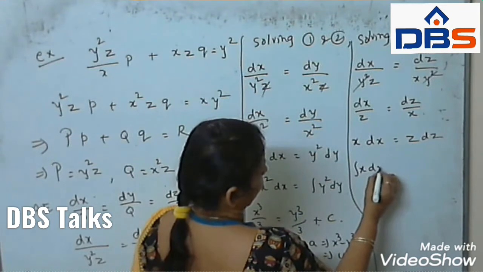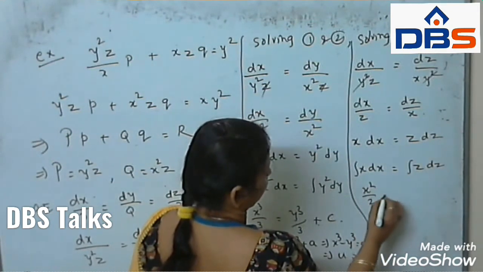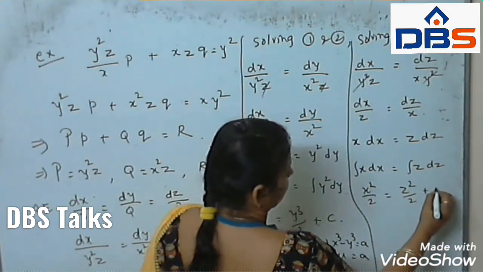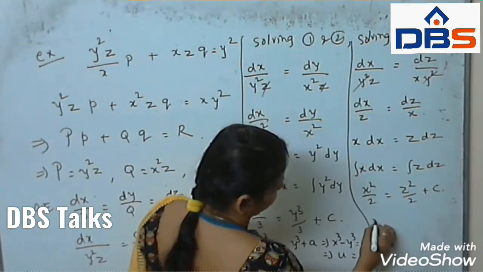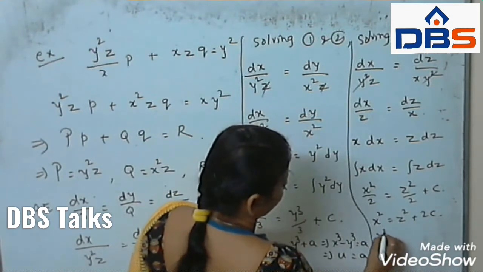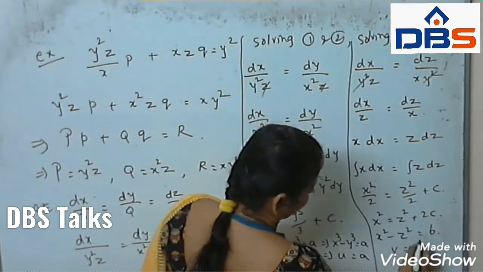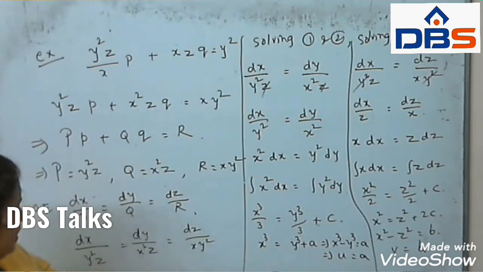Integral x dx equal to integral z dz. So x square by 2 equal to z square by 2 plus c. By taking the LCM, x square equal to z square plus 2c. So x square minus z square equal to b. Let us call this function v, v equal to b.